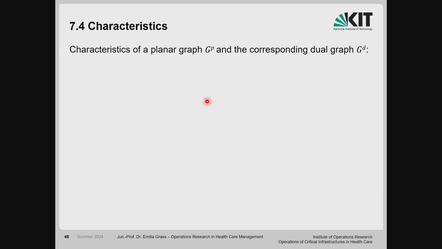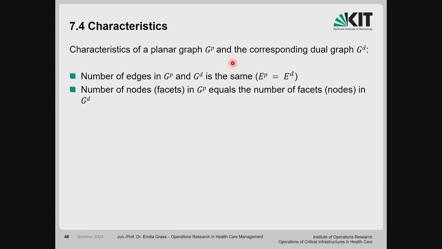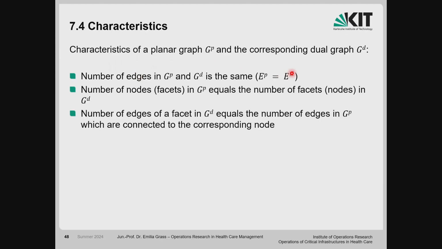Okay, so the planar graph and the dual graph have some characteristics. The number of edges in the planar or primal, the original one, and the dual one are the same. The number of nodes, which represent facets in the primal one, equals the number of facets in the dual one, or vice versa, the other way around.